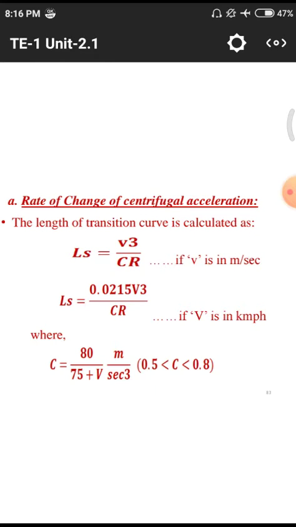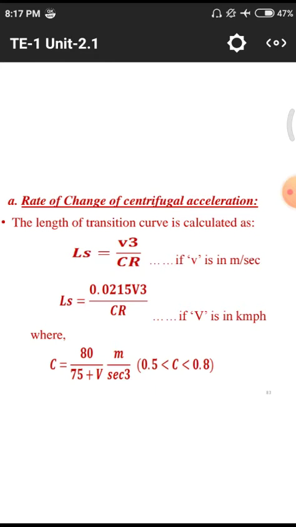What is the standard length of the curve with respect to velocity? In the above equation we have the C value, which depends upon the formula 80 by 75 plus V, where V is the velocity. By using that velocity, we find the value of C. After calculating C, we substitute it in the above formula, where R is the radius of the particular curve.